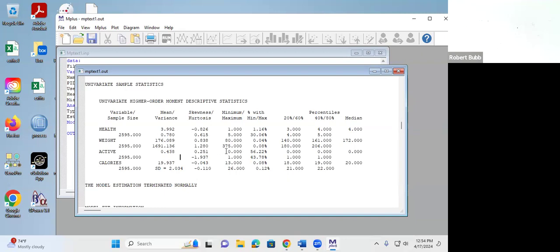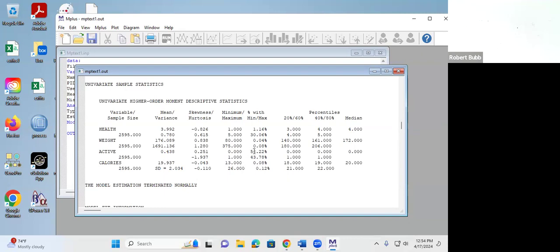This is dichotomous, and we can see here we have zeros and ones, with 56.22% of the data as zeros and 43.78% as ones.